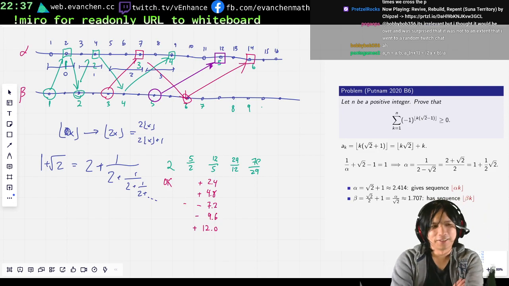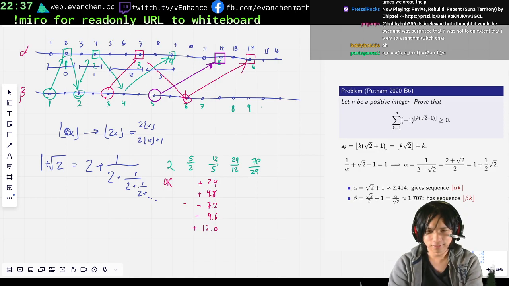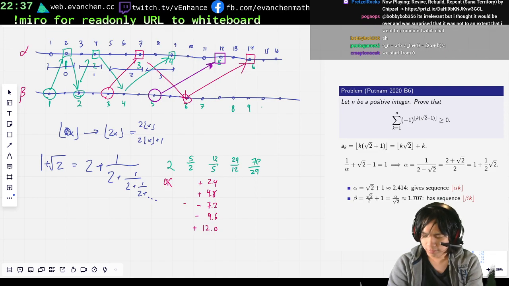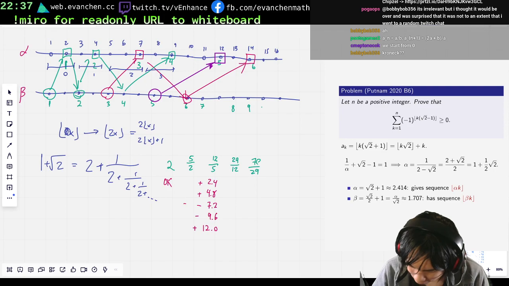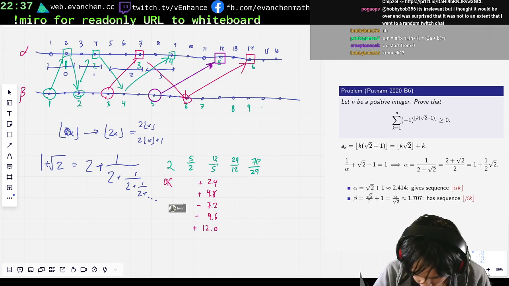Okay, so fine. This might work. How do I do something with these fractions? This could work. This actually could work.